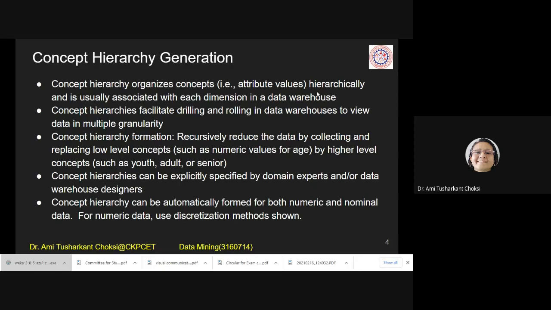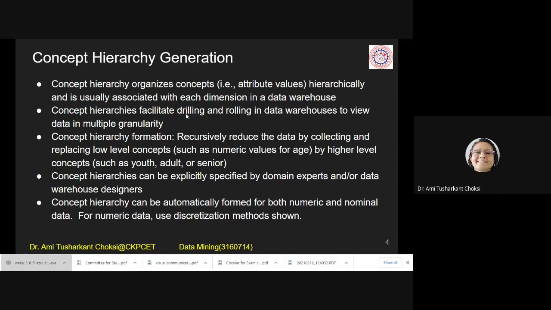That is, its attribute values hierarchically, and it is usually associated with each dimension in a data warehouse. Concept hierarchy facilitates drilling and rolling in data warehouses to view data in multiple granularity.